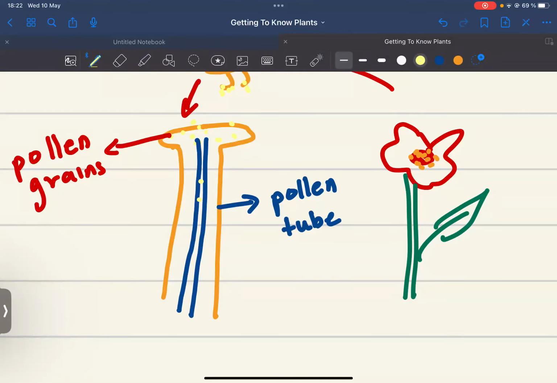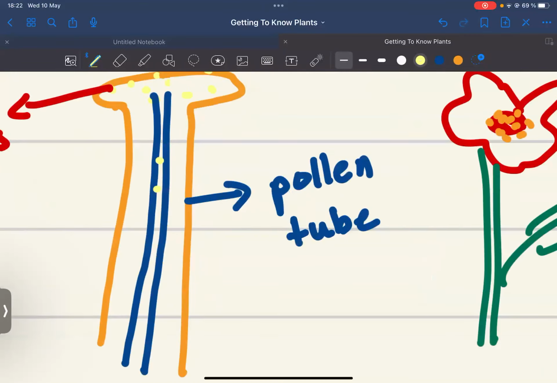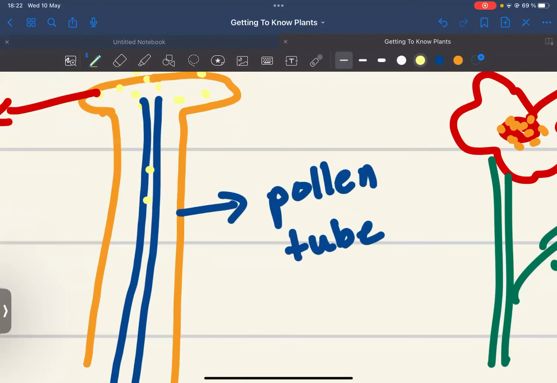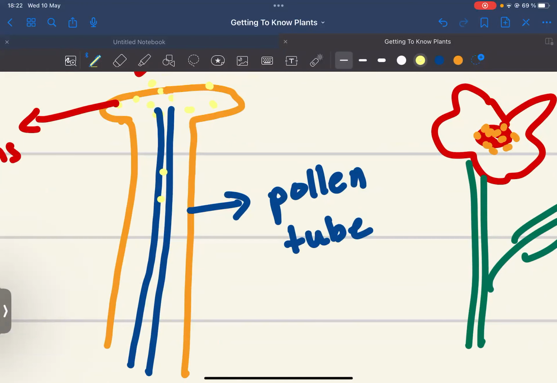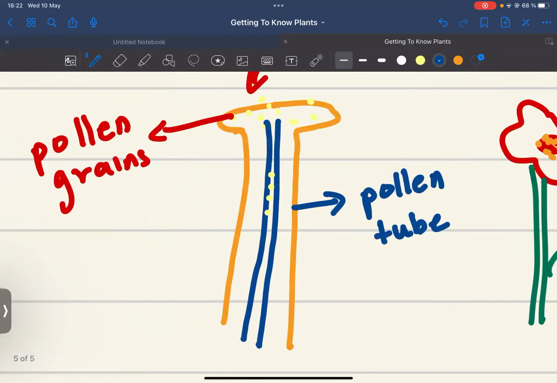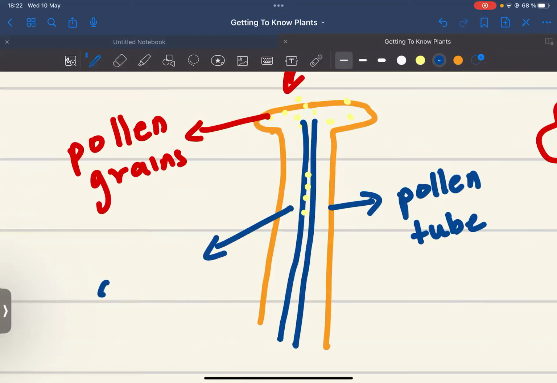These pollen grains are divided into three cells. I'm just talking about one important cell. The cells that travel inside the pollen tube are known as sperm cells.